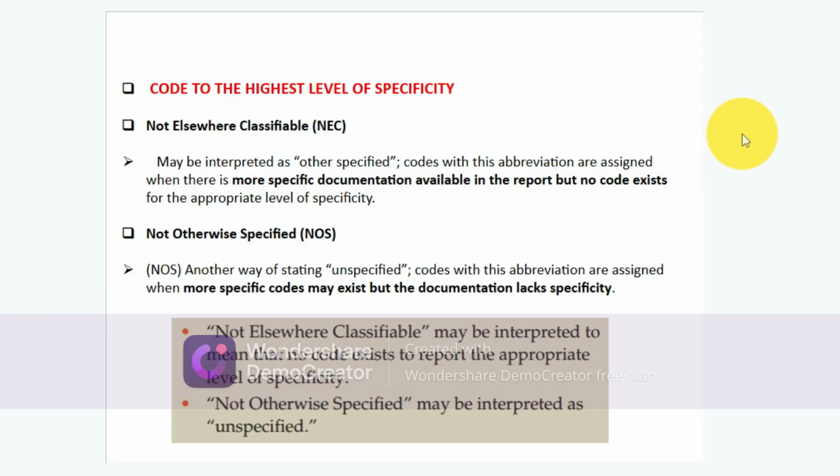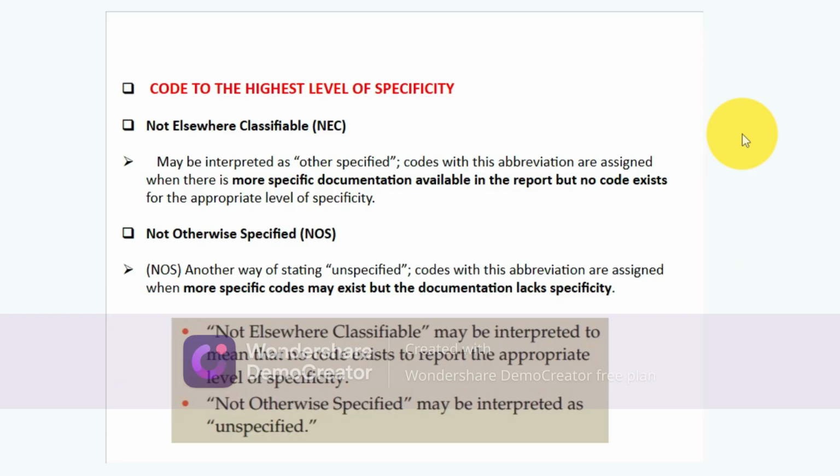For example, the provider documents a more specific diagnosis, but when we try to find it in the ICD-10 code book, a more specific code is not available. At that time we code other specified, NEC. Not otherwise specified, NOS, is another way of stating unspecified.